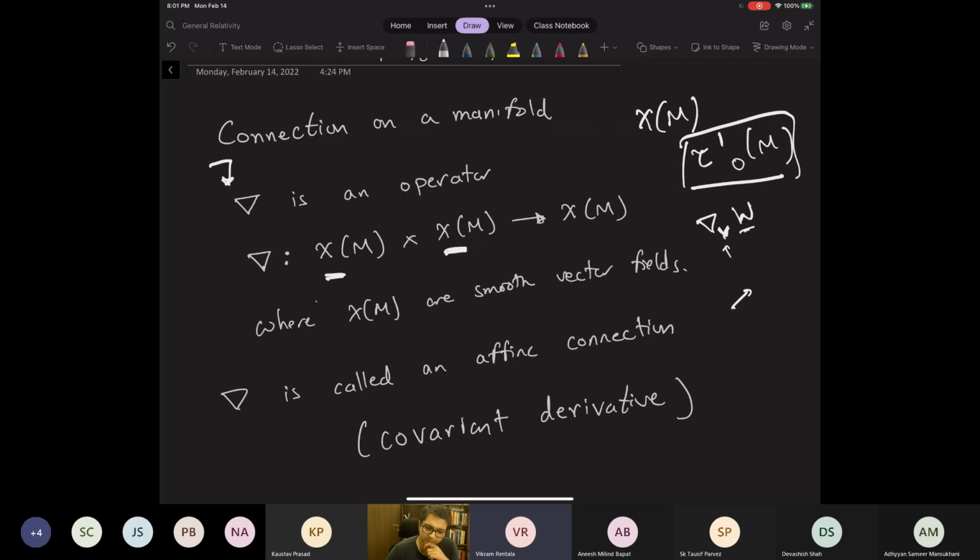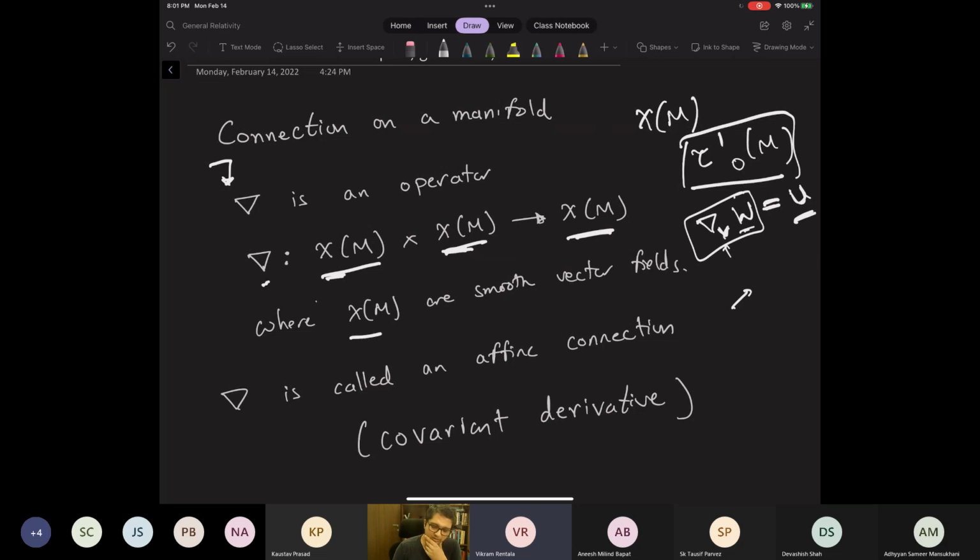The result of this operation is some new vector field, which we won't give a notation, but let's call it u. We won't use this notation later, but this entire thing is some vector field.